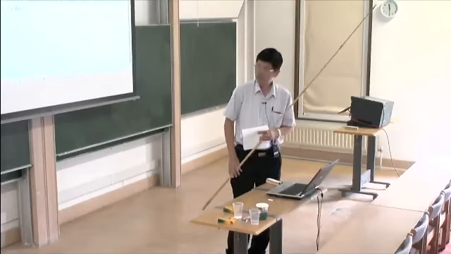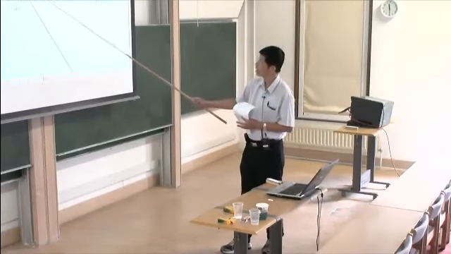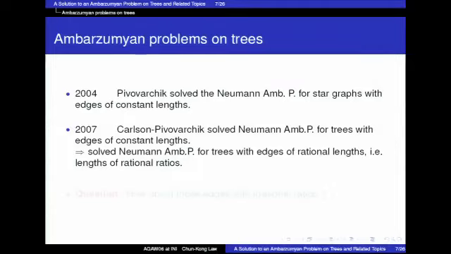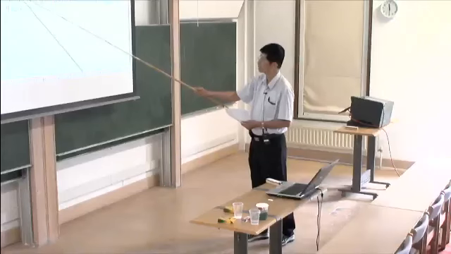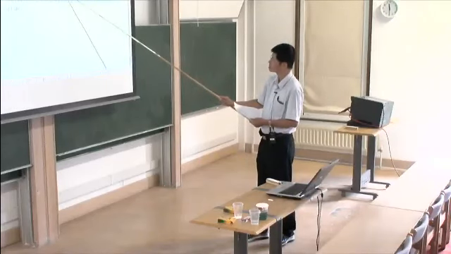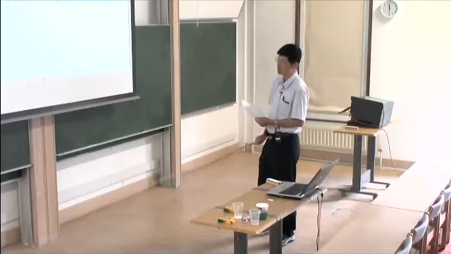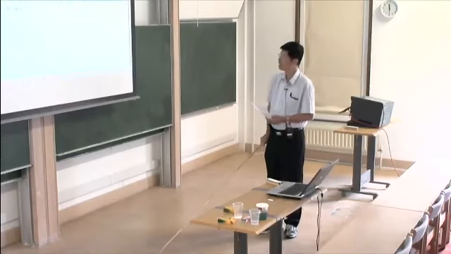And later on, Carlson and Pivovarchik generalized the problem to a tree, by very detailed analysis at each vertex, step by step, and then integrating the result up and solving it at the root. They showed that for a tree, if the edges have the same length with Neumann boundary condition, then this Ambarzumyan problem can be solved.